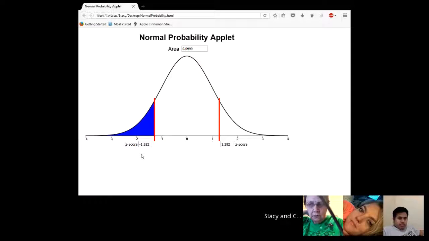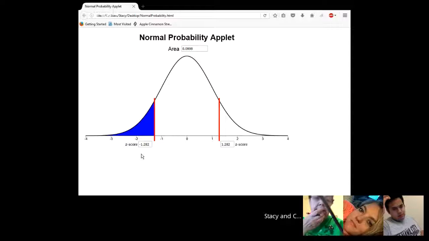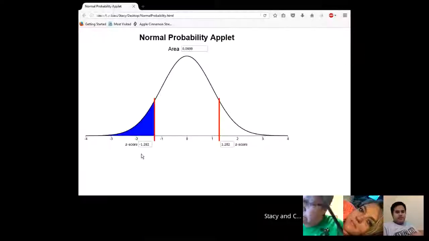The graph has to just fall above the horizontal line, but the z-score can be negative because that's how many standard deviations that 10th percentile is away from the mean. Okay. All right. Negative 1.282. Right. Okay.